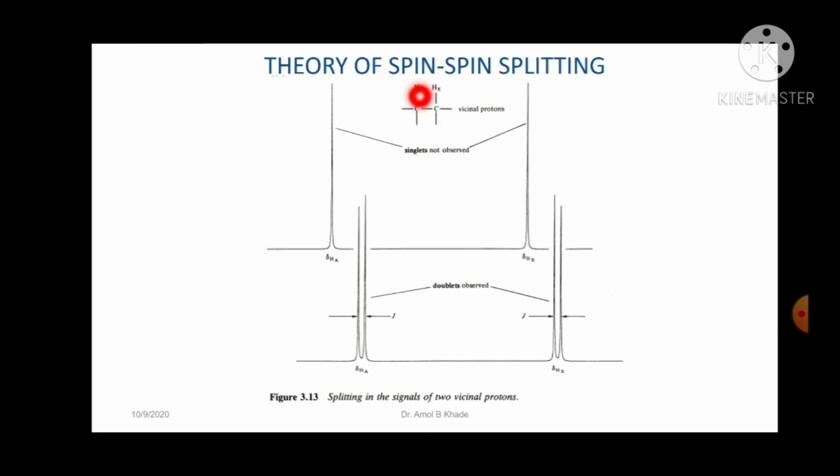They are also referred to as vicinal protons. So this HA is going to split into a doublet because the neighboring carbon has one proton. In the same way, for this HX the neighboring carbon has one proton, so it will split into a doublet. You can see here HX has split into a doublet. Similarly HA has split into a doublet.